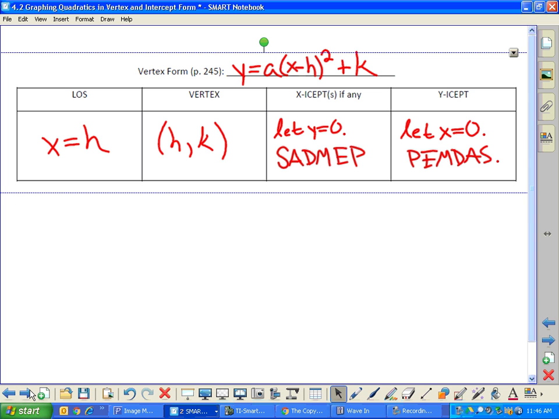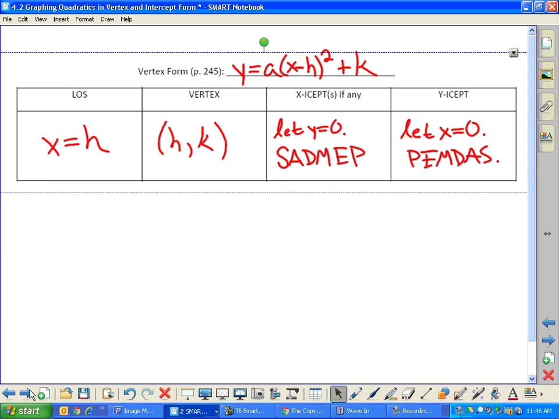In moving a graph, we get our new axis of symmetry. So the line of symmetry is super easy to find. Just grab your h value. Remember, h is always what's next to a minus sign. If it's plus, it actually moves to the left, and so your h value would be negative. Little reminder there. Your vertex would then just be (h, k), just like it was in the warm-up.